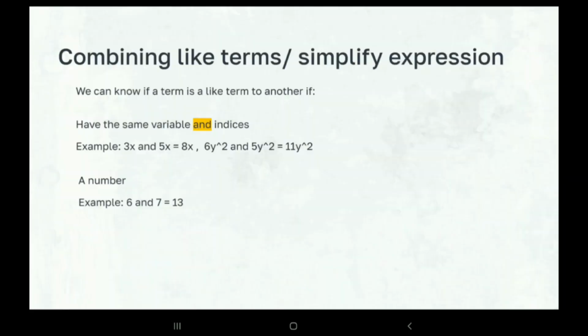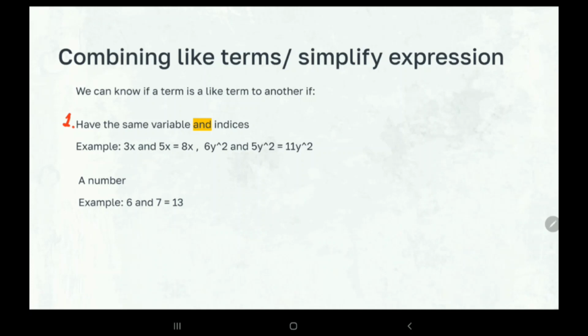So next one, combining like terms and simplifying expressions. We can know if a term is a like term to another if they have the same variable and indices.